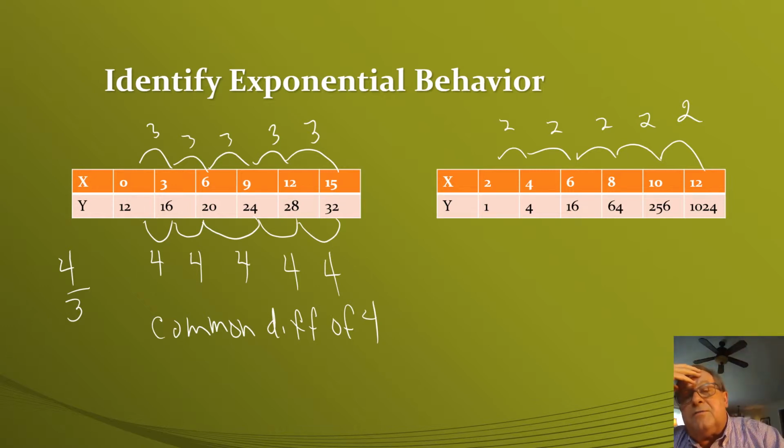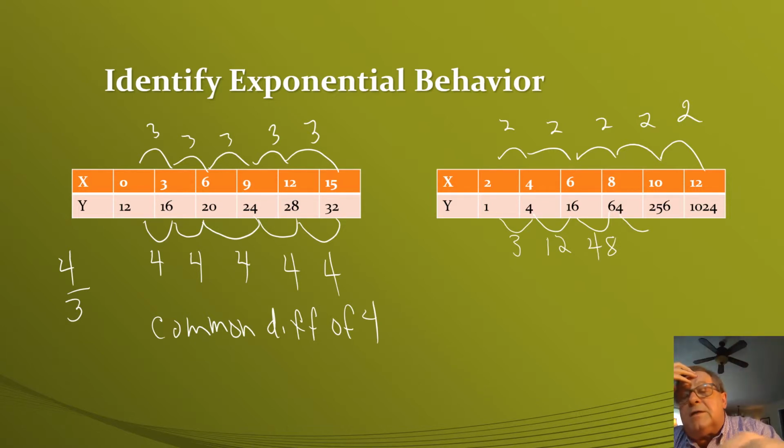Well, let's first look to see if we got any kind of common difference. 1 to 4 is 3, but 4 to 16 is 12. And 16 to 64 is, wow, what is that? 48.